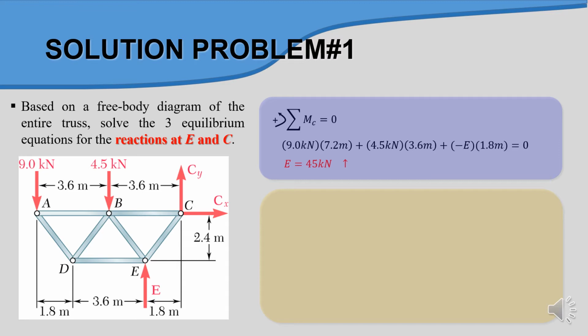If you set the moment at point E equal to 0, you have trouble because you have four forces in your equation, where two forces are known and two are unknown, Cx and Cy. So you cannot get the value of Cx or Cy. It is very difficult, so the best way is to start with the moment at point C.